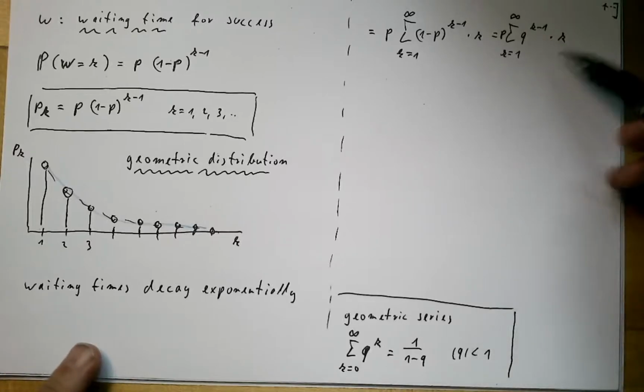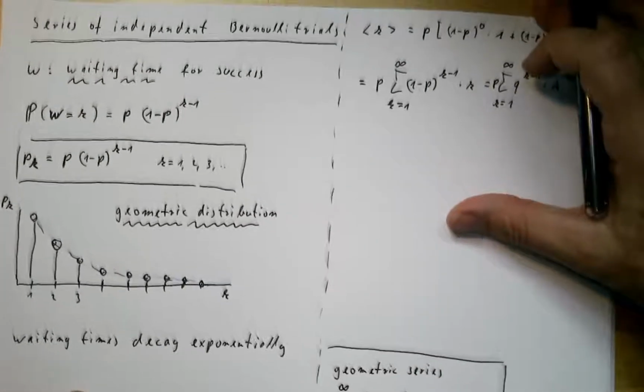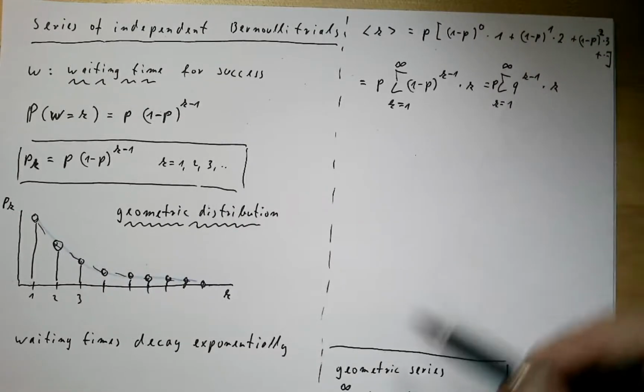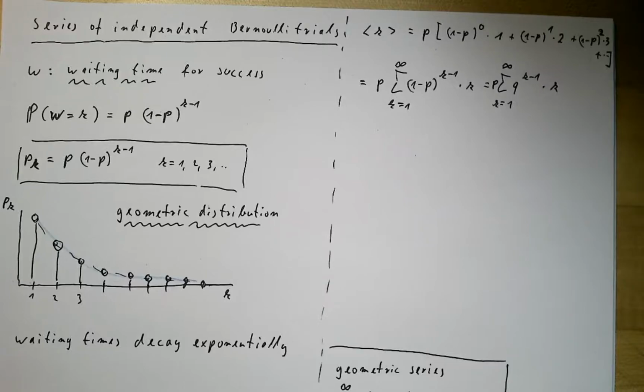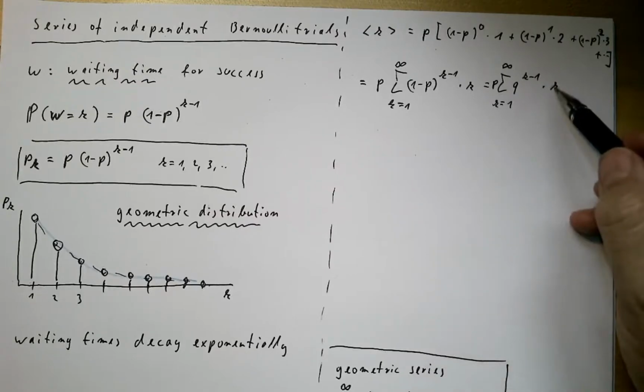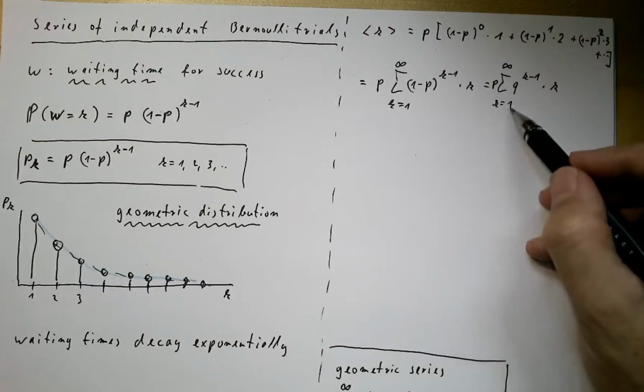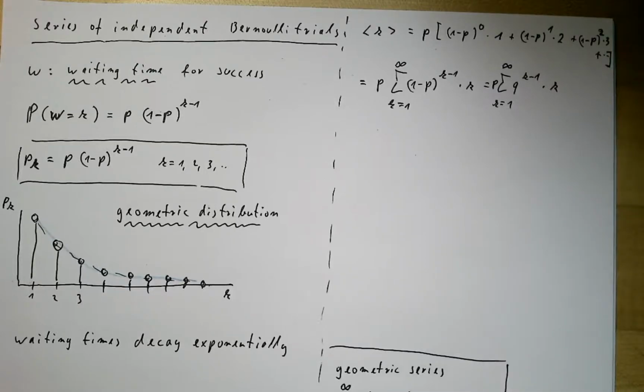But the trick with such expressions is, can we rewrite this in such a way that we obtain the geometric series? And see, we're close. We have here k minus 1, we need k, and we have a k too much here. And we sum here from k equals 1, but we should actually sum from k equals 0.